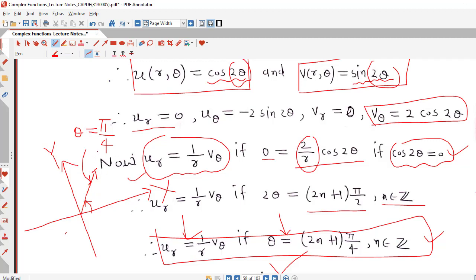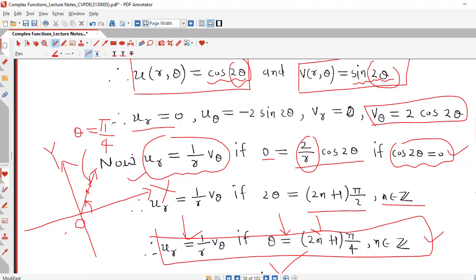If I consider this ray starting from origin, then if we consider any complex number in the first quadrant whose vector makes the angle pi by 4 with the positive x-axis, then if I consider any complex number on this ray theta equal to pi by 4, then its argument is pi by 4. So this equation is satisfied at all the points on the line theta equal to pi by 4, or on the ray theta equal to pi by 4.